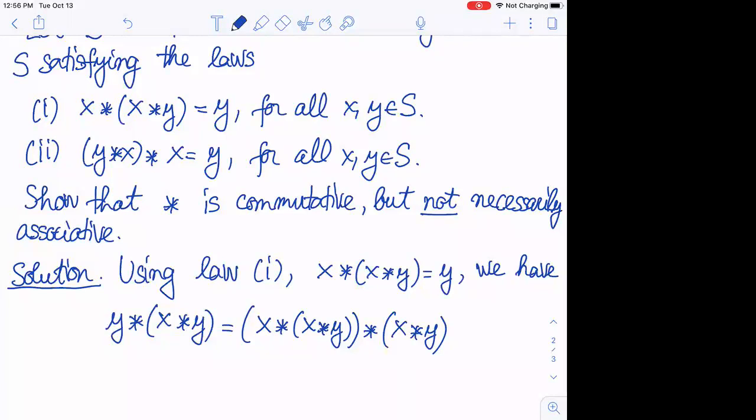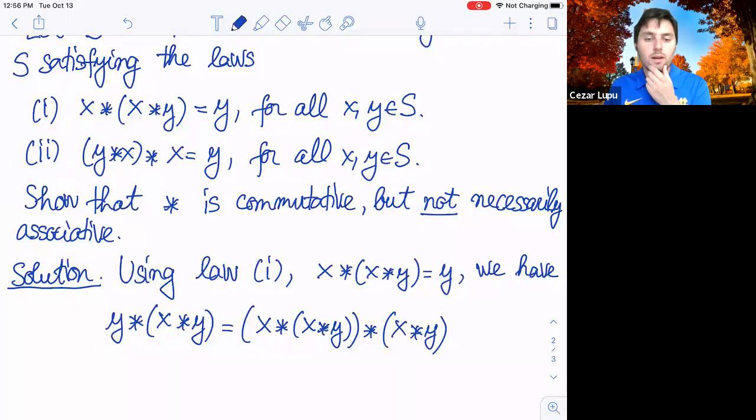You just added X star Y to the side of it. You see this guy here, this guy is Y. So I'm doing this trick here, and now I'm trying to play a bit with it.